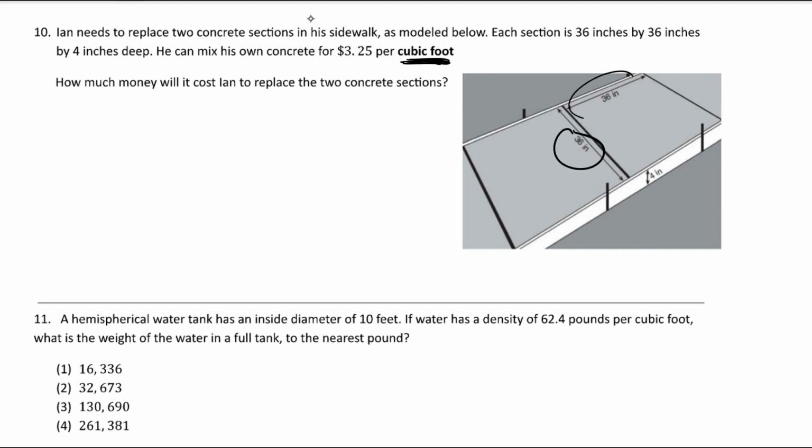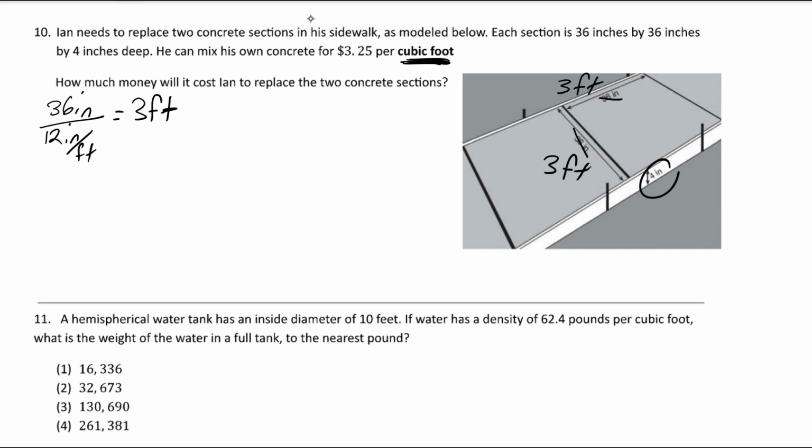Well, keep in mind they gave me everything in inches, so if I want a volume in cubic feet, let me convert these real quick. 36 inches divided by the 12 inches for every foot would be 3 feet. So that unit is 3 feet across, and this is 4 inches deep. Well, that's not a nice enough number, so I'll leave that as 1/3 feet.